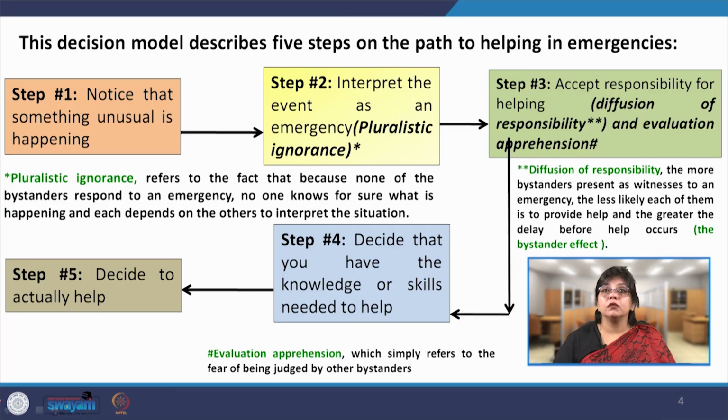So, social psychologists have presented a decision model which involves 5 steps on the path to help in emergencies. The first step is to notice that something unusual is happening. Who will notice? As I mentioned just now, emergencies do not happen on a schedule.